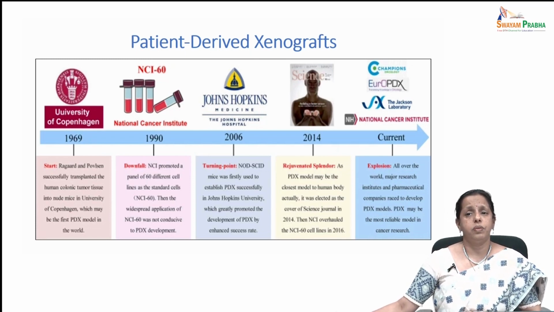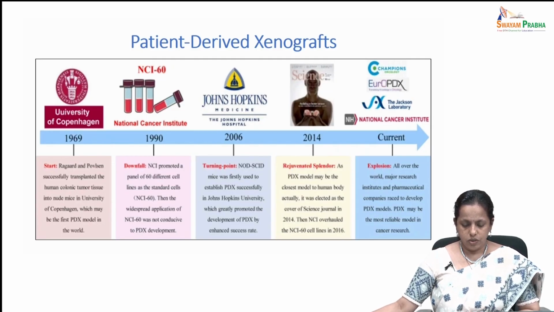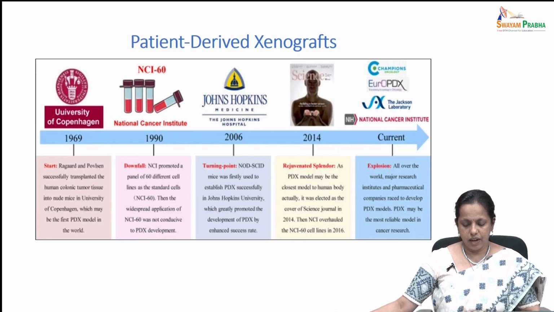In 2014, the PDX model was featured in a journal as a cover story, and this is when the NCI overhauled the NCI-60. They declared that these 60 cell line models would be retired in 2016.